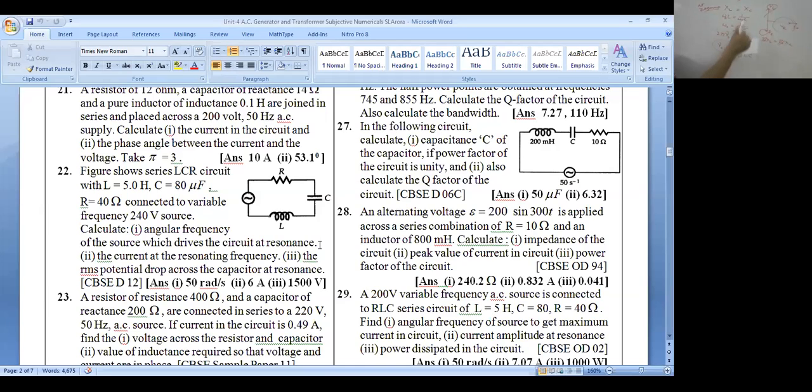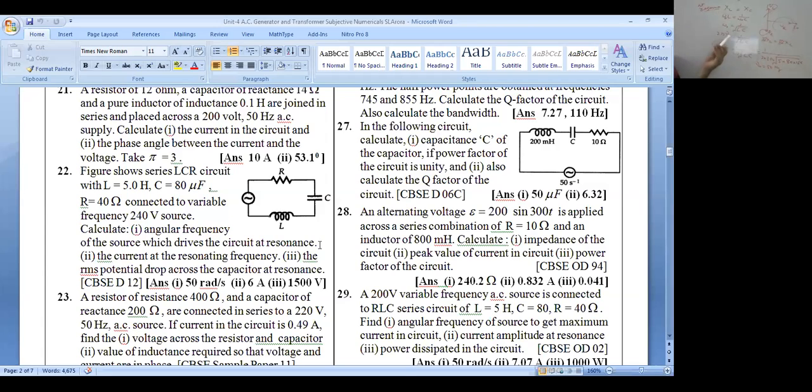If we put all the values here, 1 upon 2 pi, where pi is 3.14, and L is 5 Henry, and C is 80 microfarad, we solve it and get the frequency as 50 cycles per second or 50 hertz. So this is the resonant frequency.